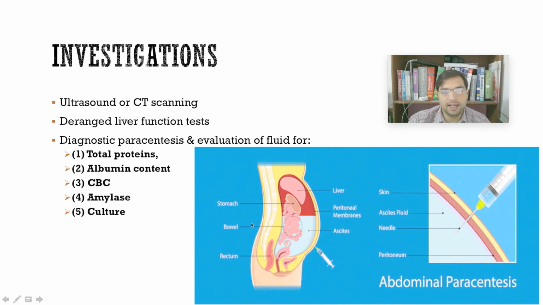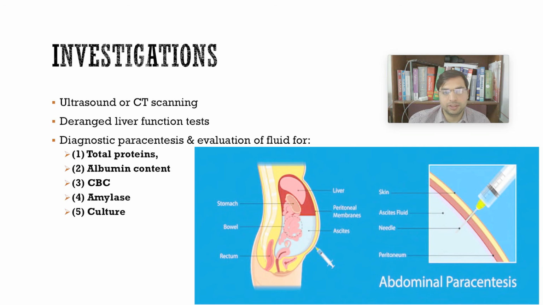Then amylase levels in this, because if this ascites is because of the pancreas, if it is because of pancreatitis, then the amylase levels will be raised. And fifth is culture. We will do the culture if it is because of some bacteria, for example peritonitis, right? Infection of the peritoneum.